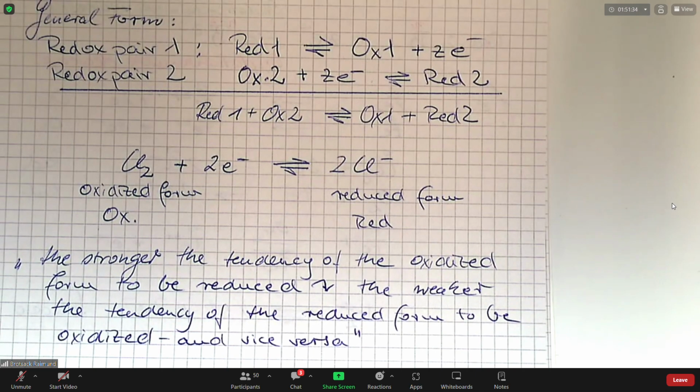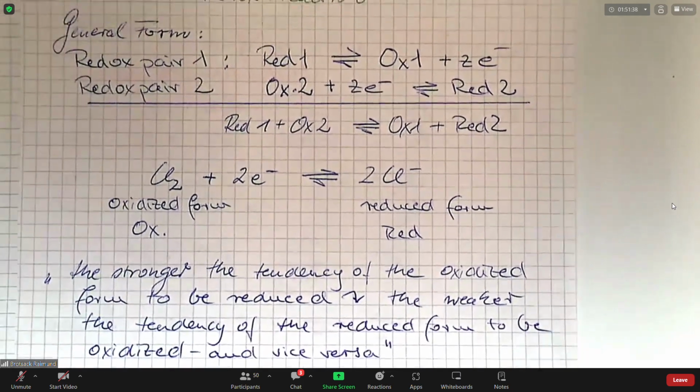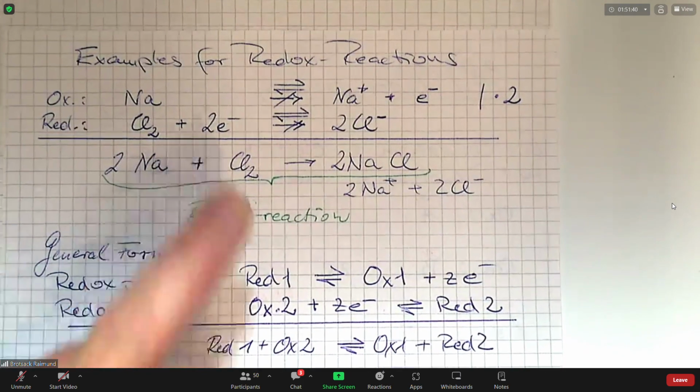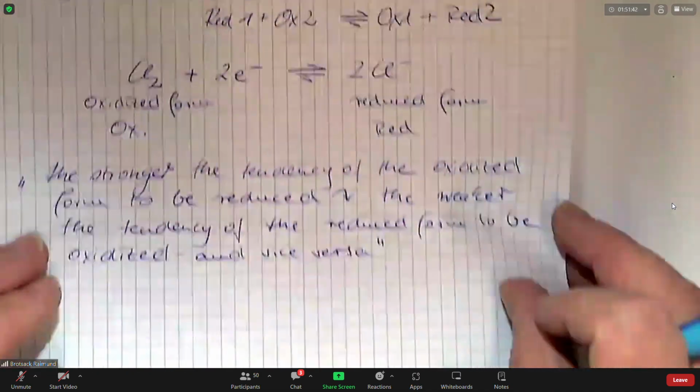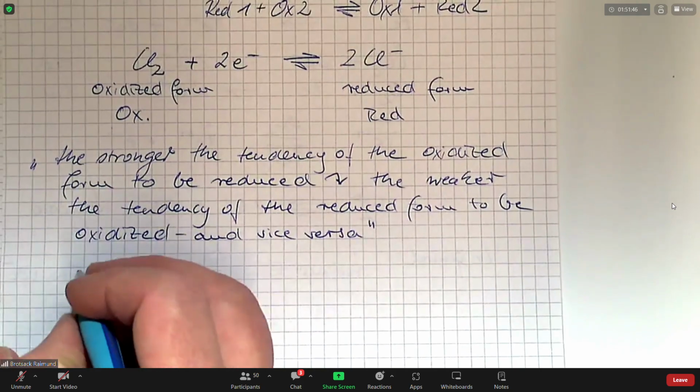When we are now looking at more complicated examples, like we did here, let's have a look at a more complicated example, creating redox equations.